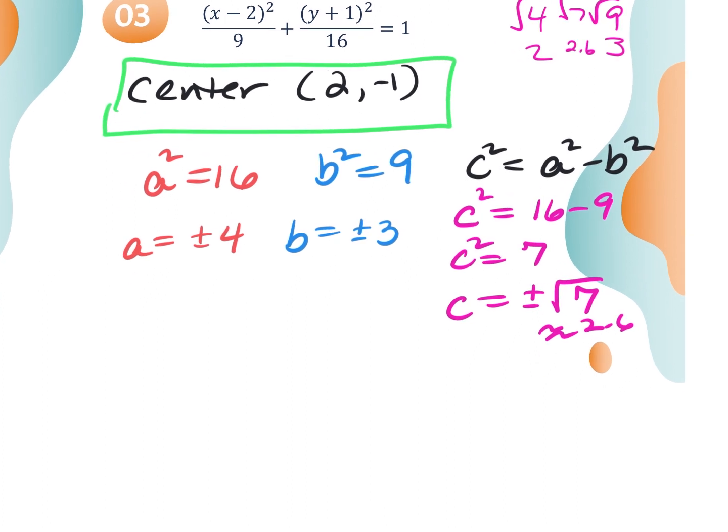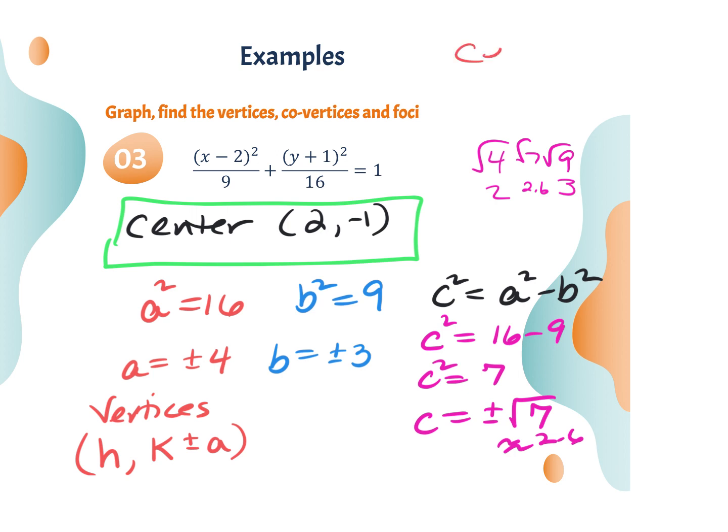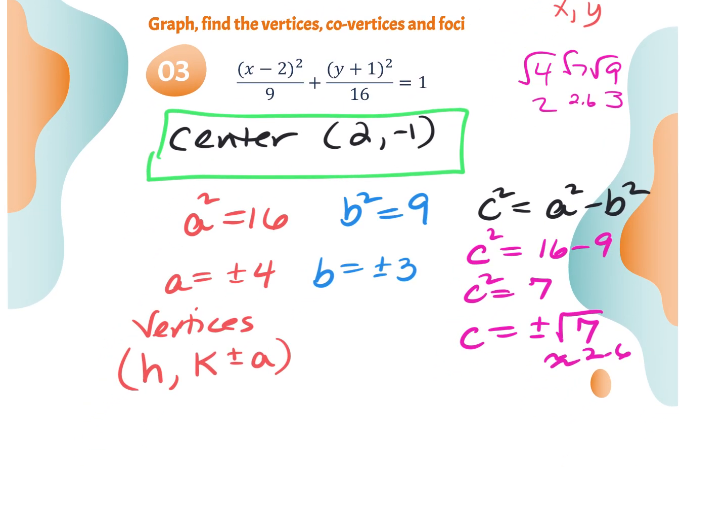For the vertices, let me change the color. Vertices, notice my 16 was under the Y. So I'm taking my center point, my H, K, and I'm going to add and subtract A to the Y of the center. Because technically, the center is this, H, K. But remember, an ordered pair is also X, Y. So since the 16 was under the Y, and Y is the K, I'm adding A to the K. So my center was 2, and then the K was negative 1.